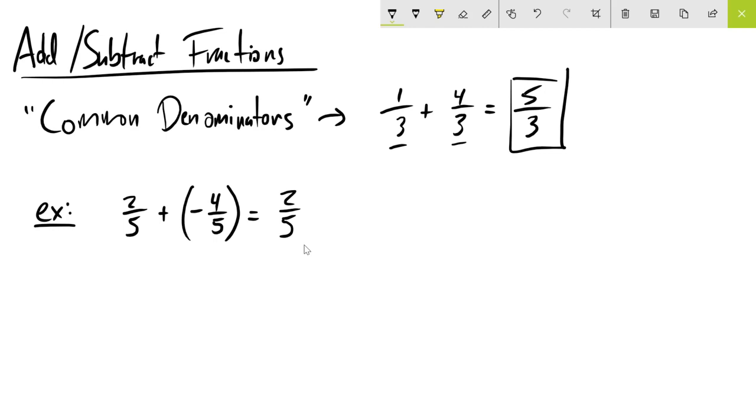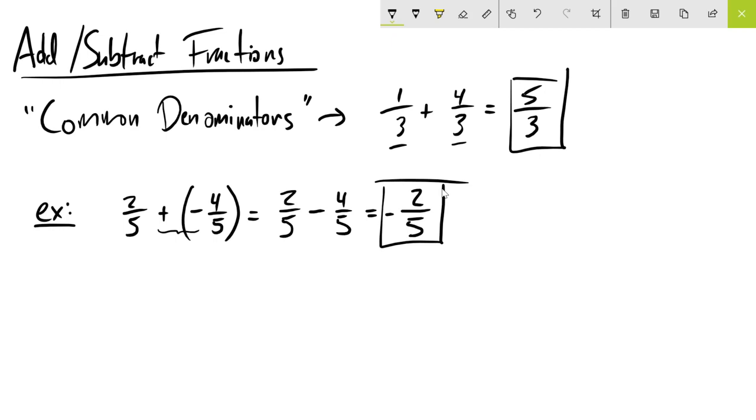Yeah, it could just be rewritten as subtraction. It's a lot easier to handle if you take that initial step and say, I'm not going to deal with plus and minus, this is actually subtraction. Now we're in fifths. If you have 2 of them and then you take away 4 of them, where are you going? Yeah, you're going negative, right? So 2 minus 4 is negative 2/5.